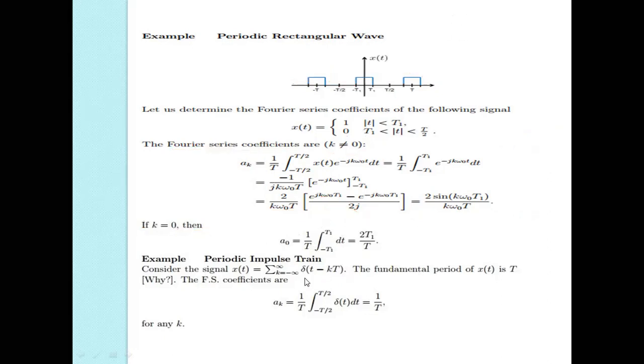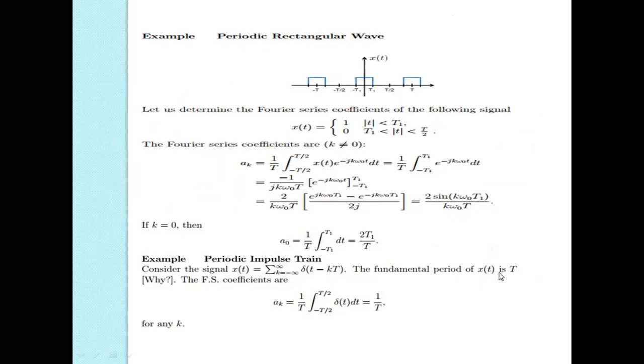The next example here, periodic impulse train. Consider the impulse signal, or impulse train. x of t is equal to the sum of k equal to minus infinity to infinity, delta t minus kT.